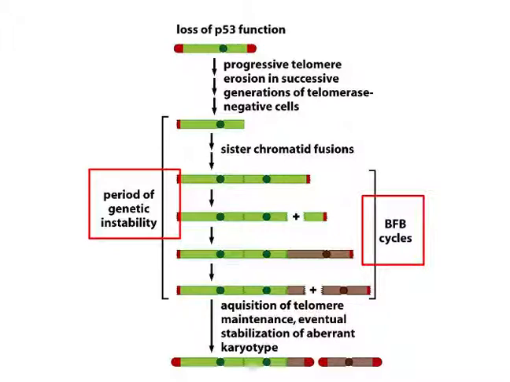This increase in genomic instability adds to the accumulated mutations in a cell, leading to a more malignant phenotype.